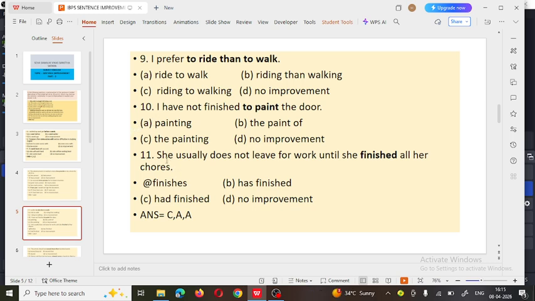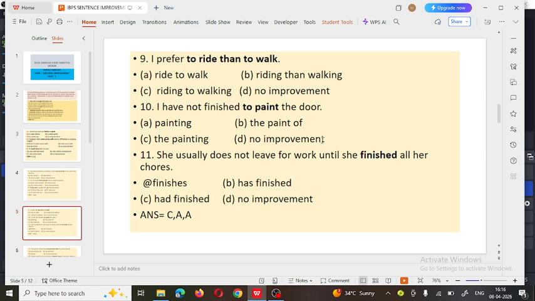Next. She usually does not leave for work until she finished all her chores, means all her work. Now, observe the sentence. Does is used when the sentence is in simple present tense.